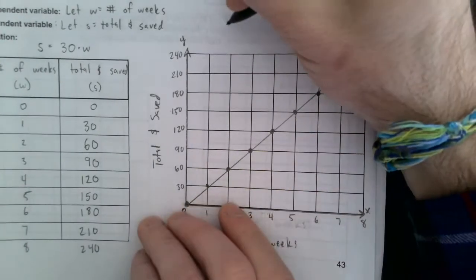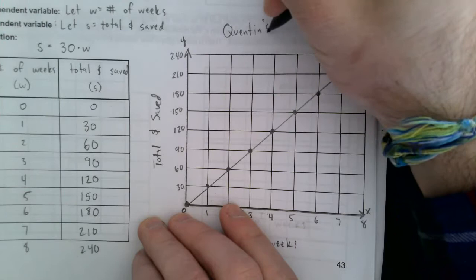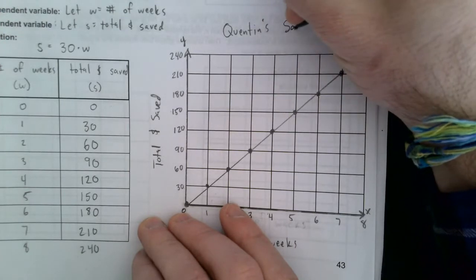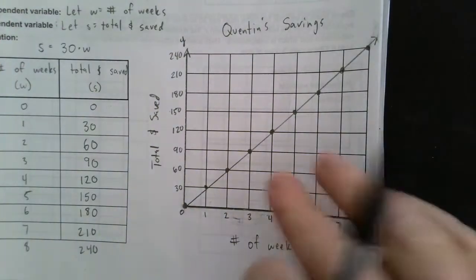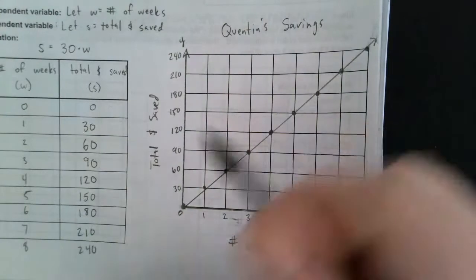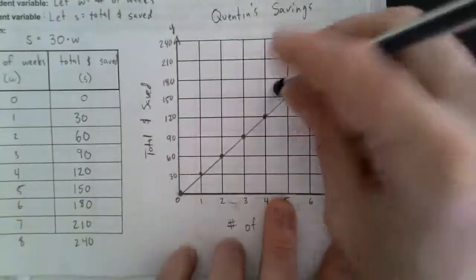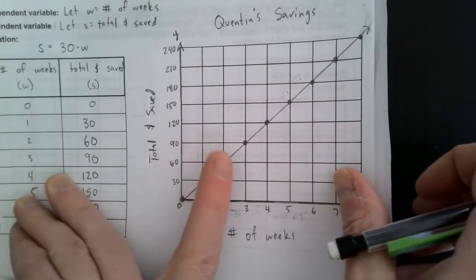We'll call this Quentin's savings, perhaps. There it is. What a graph. So again, we got our numbers labeled, we got our axes labeled, we got our line, we got our points plotted, we got our title. A lot goes into making a graph, especially when you're making it from scratch.